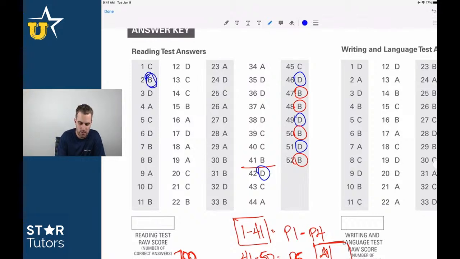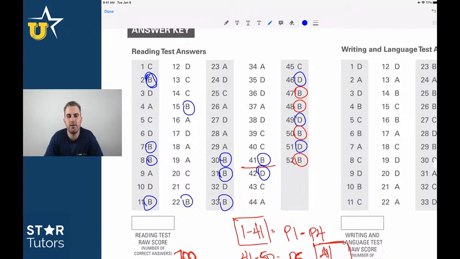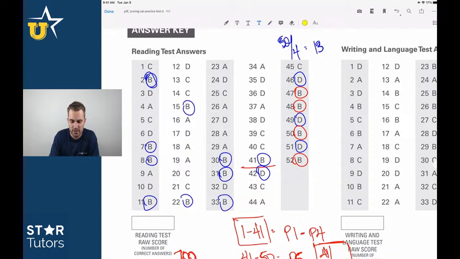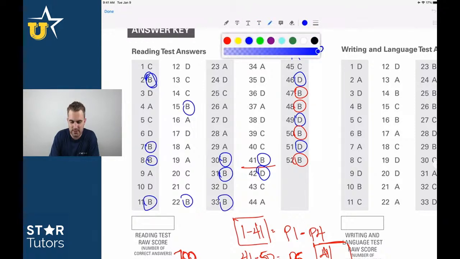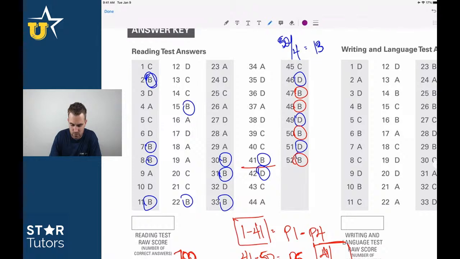1, 2, 3, 4, 5, 6, 7, 8, 9, 10. Okay, there are 10 answer choices. If we do 52 divided by 4, we get 13. Look how many B's there are in the last passage: 1, 2, 3, 4.